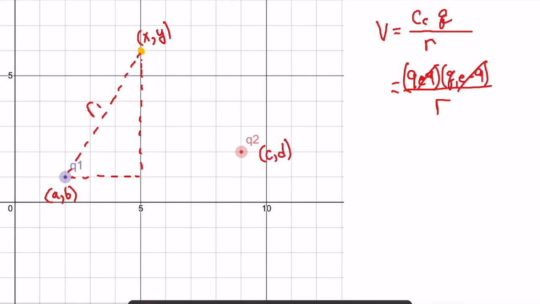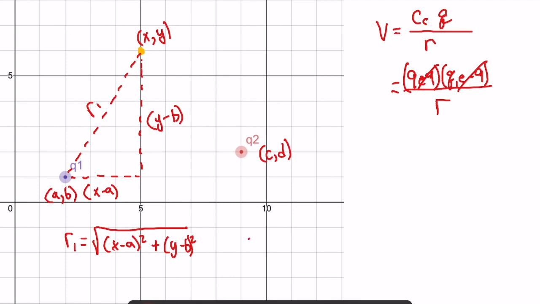Okay, to get this distance, r1, hopefully you see that the x would be a distance of x minus a, and the y would be a distance of y minus b. So to get r1, we simply use Pythagorean's theorem, x minus a squared plus y minus b squared, and that would get us our distance.